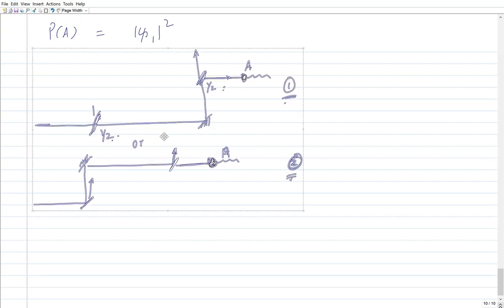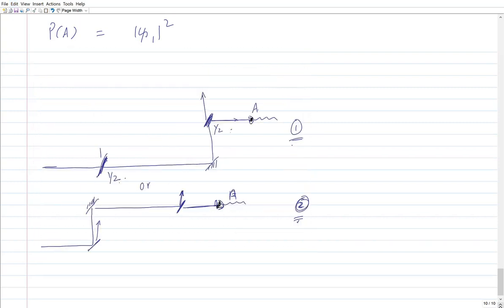So doing it more explicitly, probability of event A was psi 1 squared plus psi 2 squared plus psi 1 psi 2 star plus psi 2 star psi 1. Sorry, this should be 1 and this is 2 over here. So we were happy thinking that, okay, we got 1 over 4 plus 1 over 4 and this was the only thing we calculated.